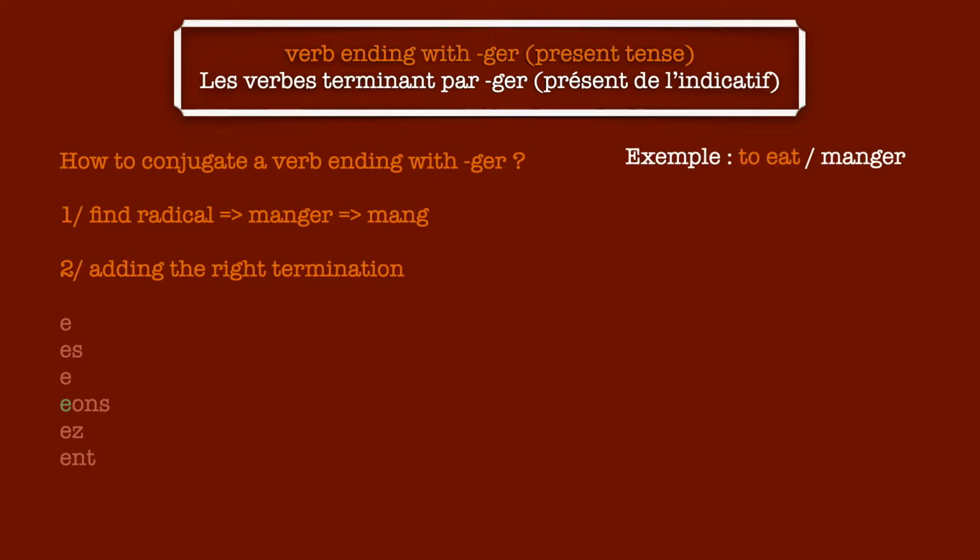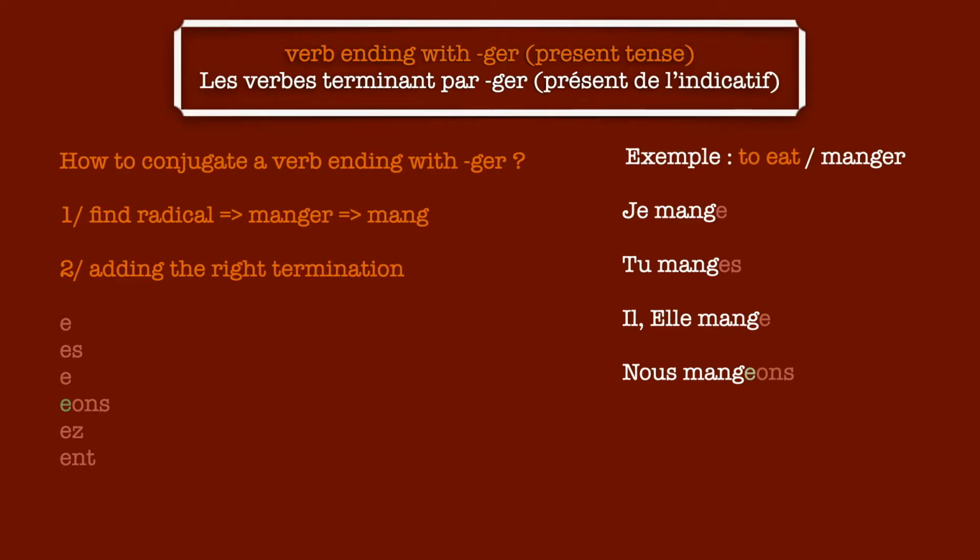Now let's see an example, with the verb to eat. Manger. Je mange. Tu manges. Il, elle mange. Depending if we are speaking about a man or a woman. Nous mangeons.